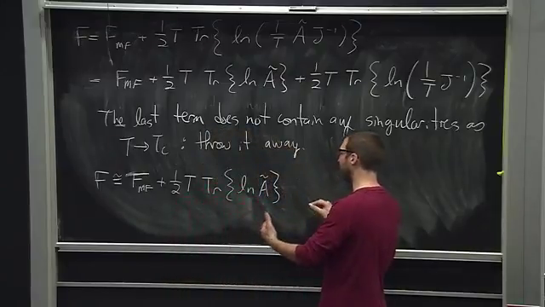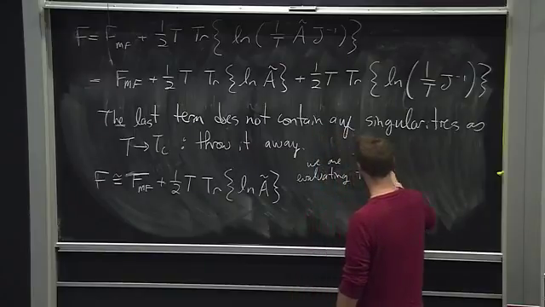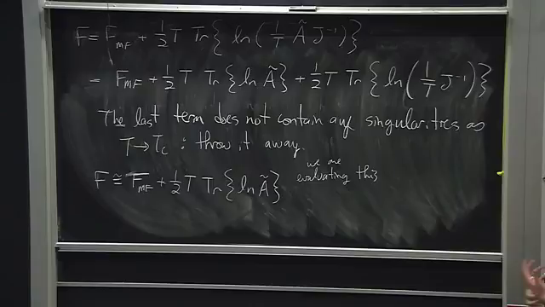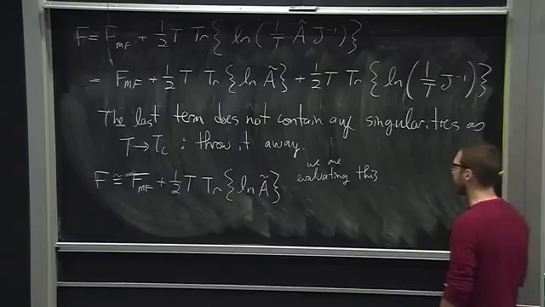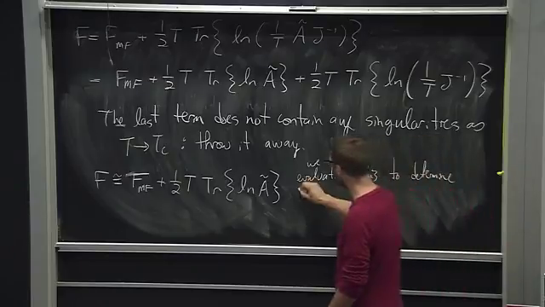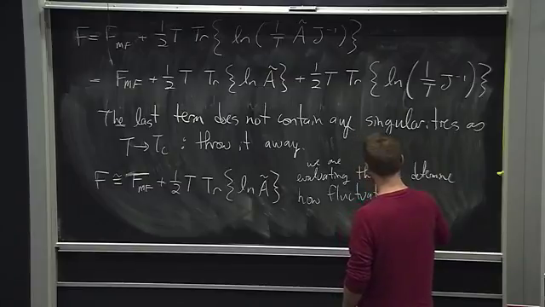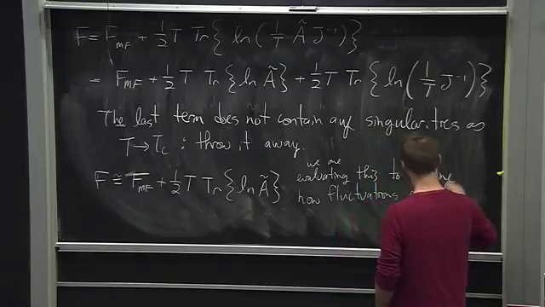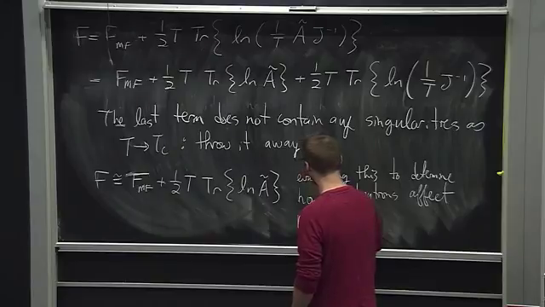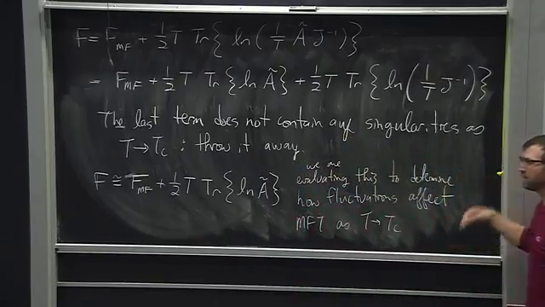But we're really only evaluating it for the singularity structures that come from fluctuations, or to determine how maybe fluctuations affect the mean field theory. So keep that in mind.